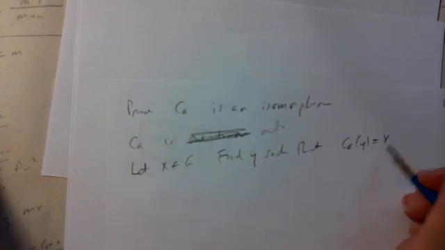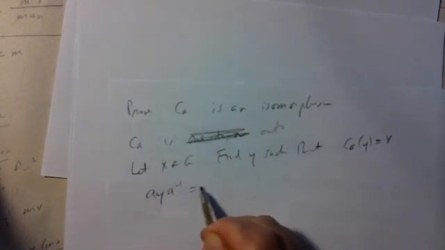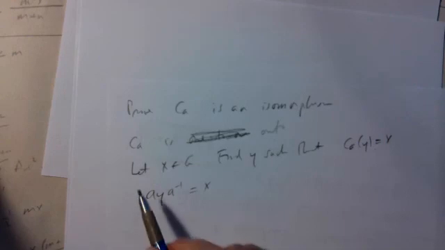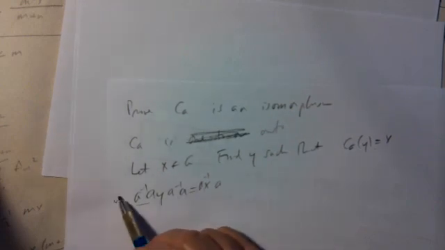So that for x in G we want to find a y such that C sub A of y is equal to x. That's the same as saying AYA inverse is equal to x. But this is a group equation that you can solve for y. If you multiply by A inverse on the left and by A on the right, here we get E, Y, E. This is just y.